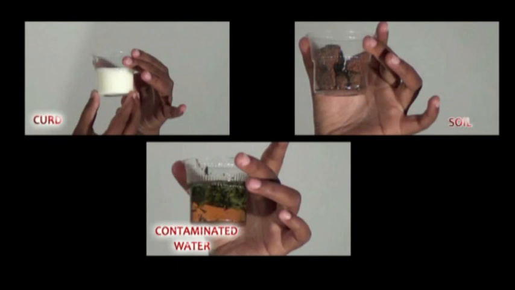There are a lot of microorganisms present in these 3 samples, in curd, in the contaminated water sample as well as soil. There are millions of microorganisms present in them, but they are not visible with our naked eye. They can only be seen with the help of a microscope. Are you all clear about what microorganisms are?